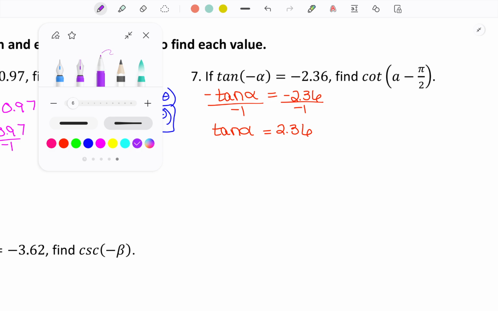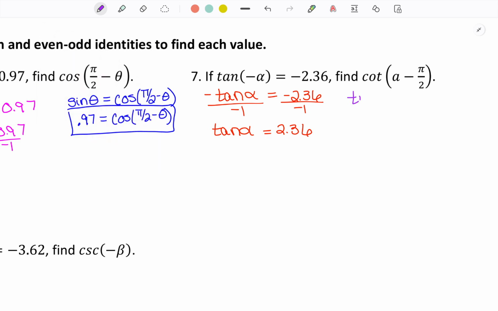In that cofunction identity, we have tangent theta, or tangent alpha in this case, equals the cotangent of pi over 2 minus theta.